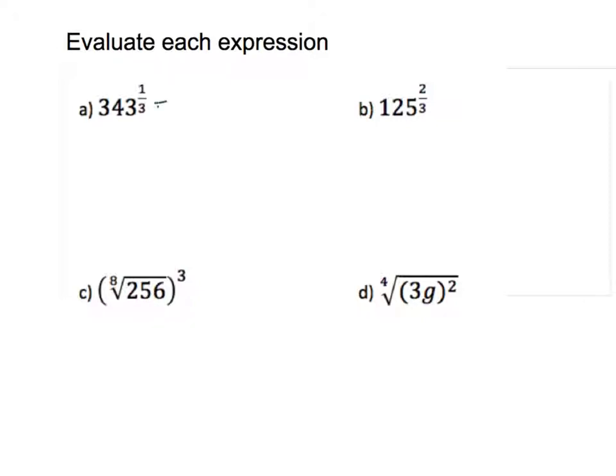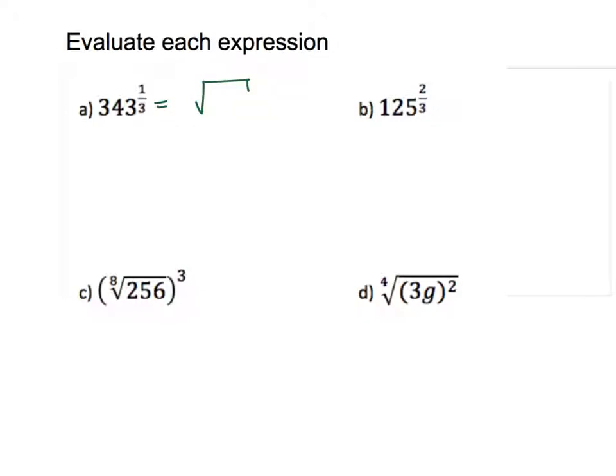So here we have 343 to the 1/3 power. Now, I don't know about you, but I have no idea how to take the power of 343 with a fraction. But I do know how to work with roots. So what I'm going to do here is change this to a radical.